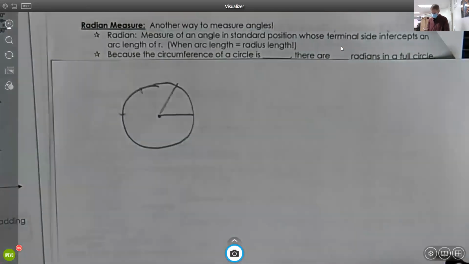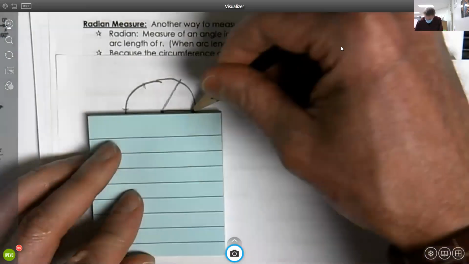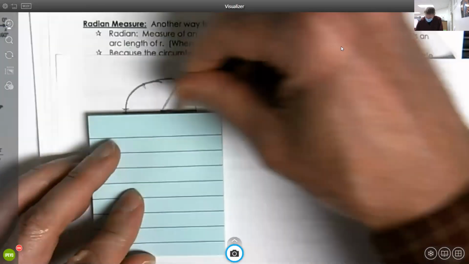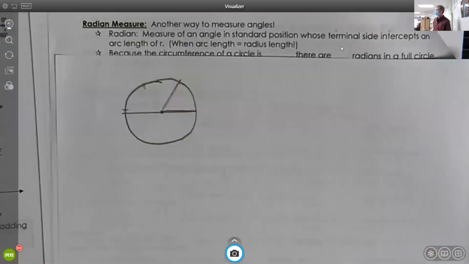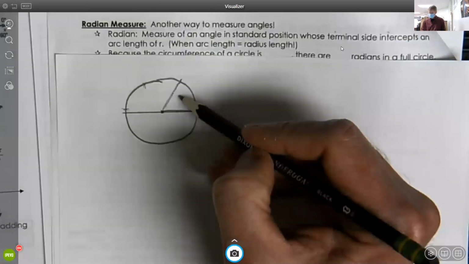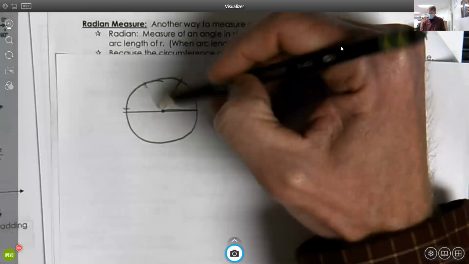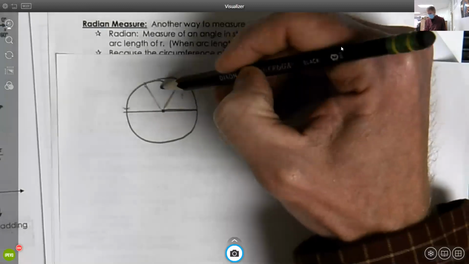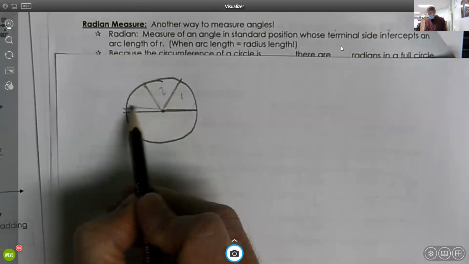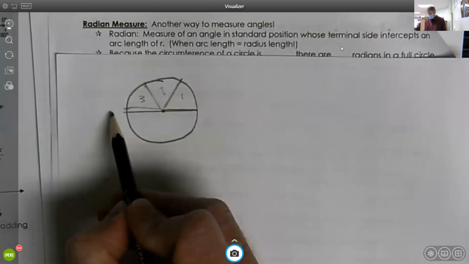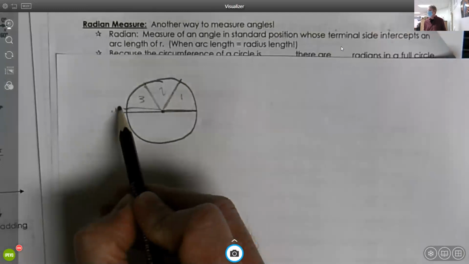And let's see how that, if you go straight across, I came out just short of straight across. Anybody have a guess how much short I came up? If this is 1 radian and this is 2 radians and this is 3 radians, this little bit is 0.14.